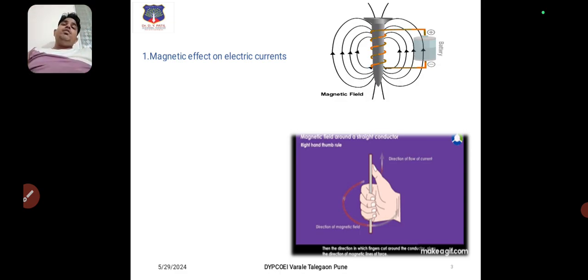The formula is MMF equals N into I, where N is the number of turns and I is the current, whose unit is the ampere. So the unit of MMF is ampere-turns, AT.